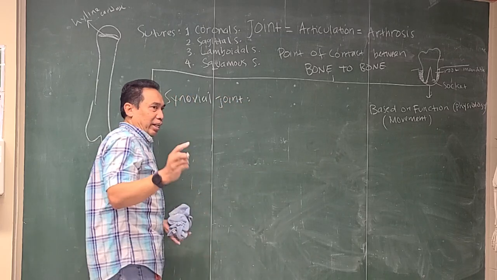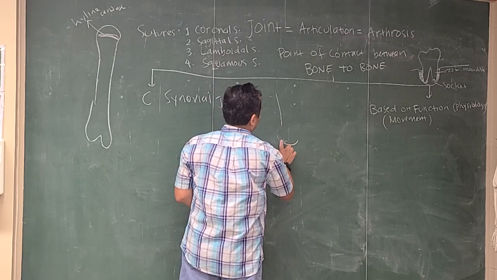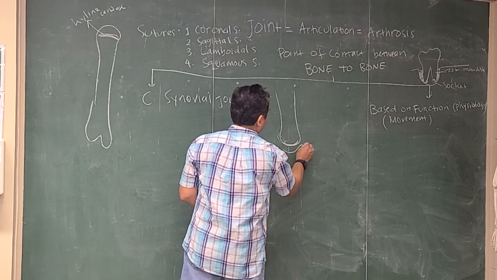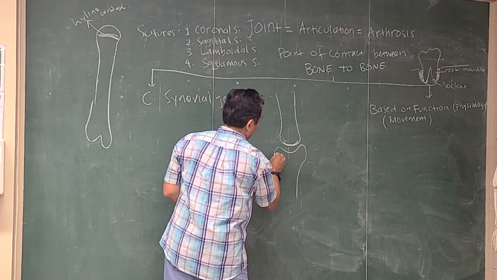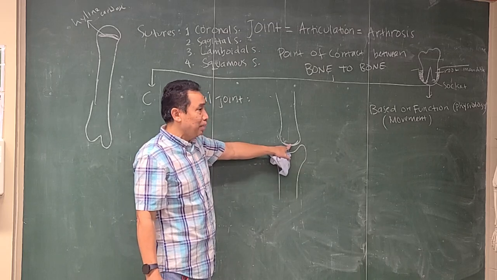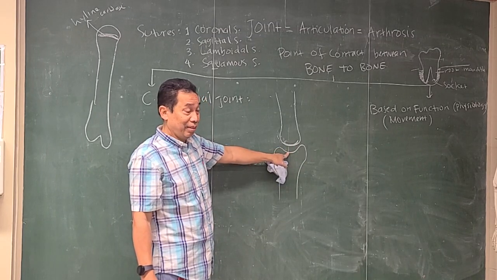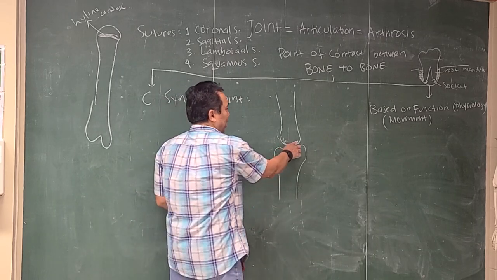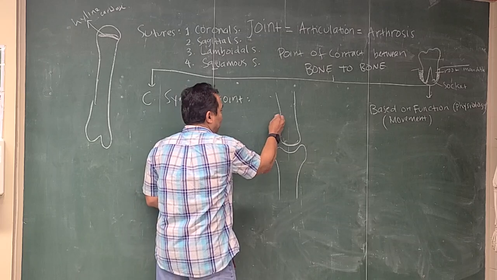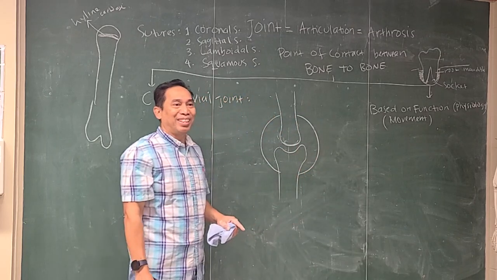Now, in general, it's going to look like this. Let's say you have one bone, and there is another bone over here. Mostly it's connected between the process and the depression. Now this is the characteristic of a synovial joint. It will be protected by a capsule.